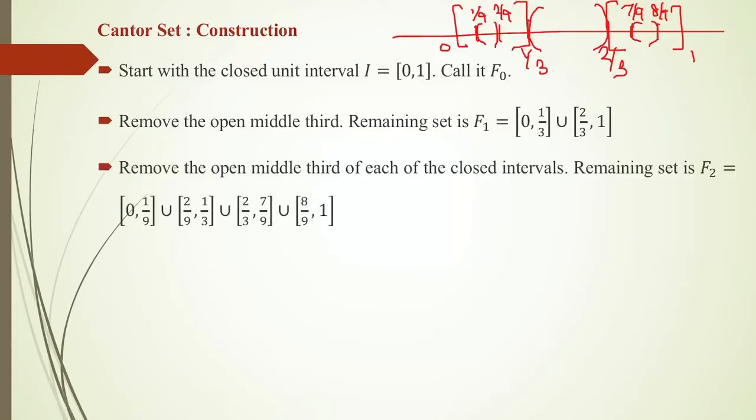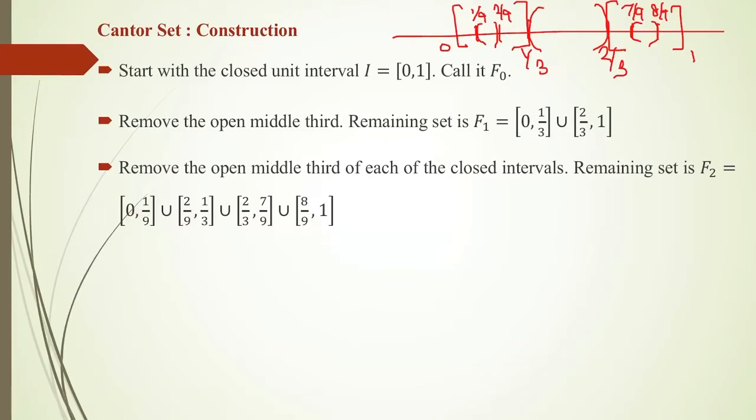What remains is the closed interval [0, 1/9] union [2/9, 1/3] union [2/3, 7/9] union [8/9, 1]. So we have a union of 4 closed intervals.